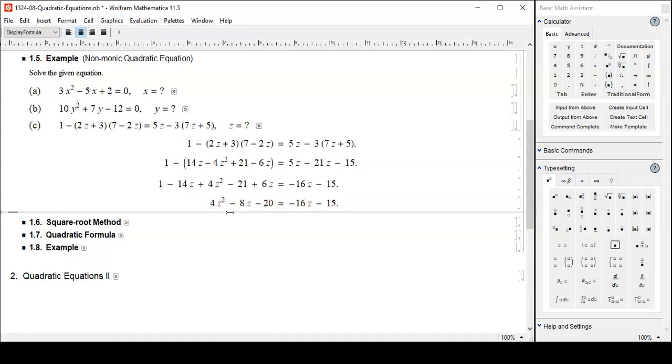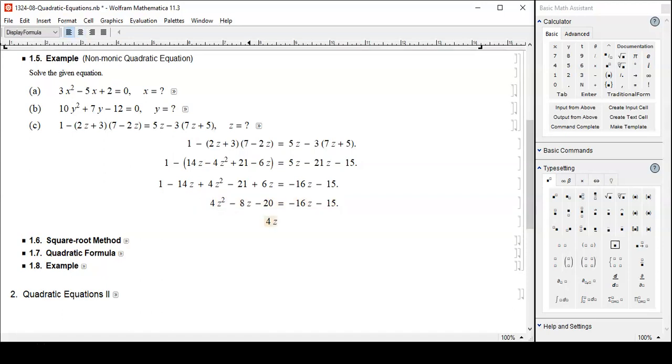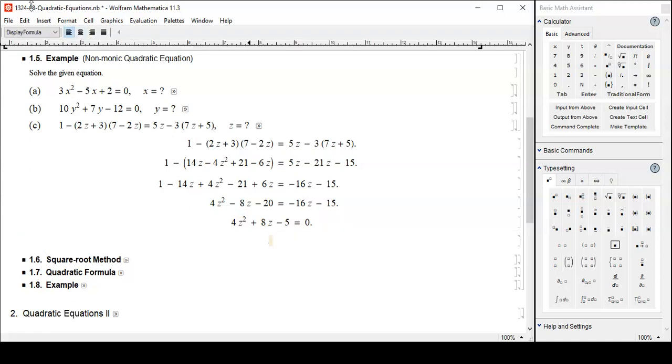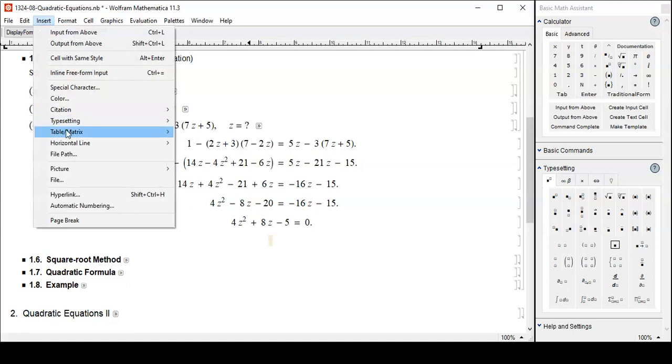So 4z squared, and then flip this negative 16 to the other side, plus 8z, and flip this negative 15 to the other side, minus 5 equals 0. Alright, looks like we got the standard form. I hope I didn't make any further mistake. Well, there's only one way to check: complete the problem and then check from there.